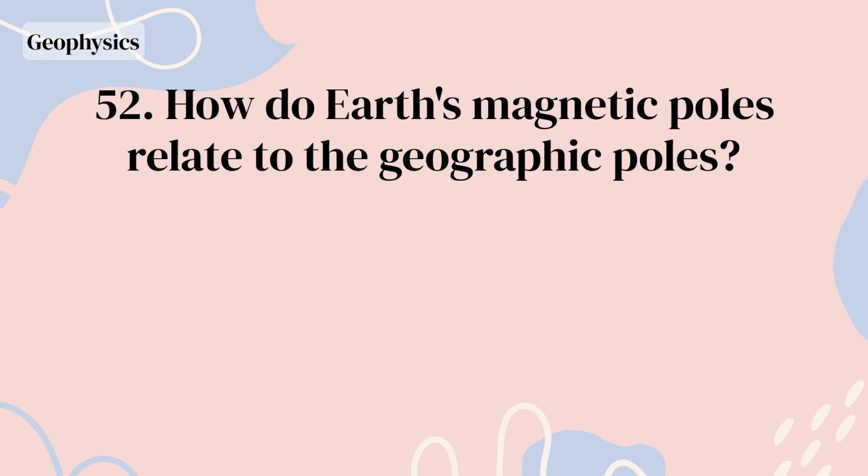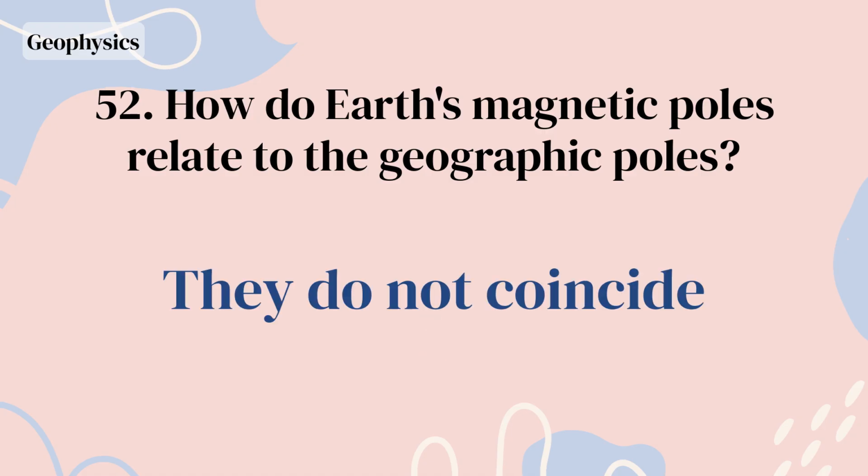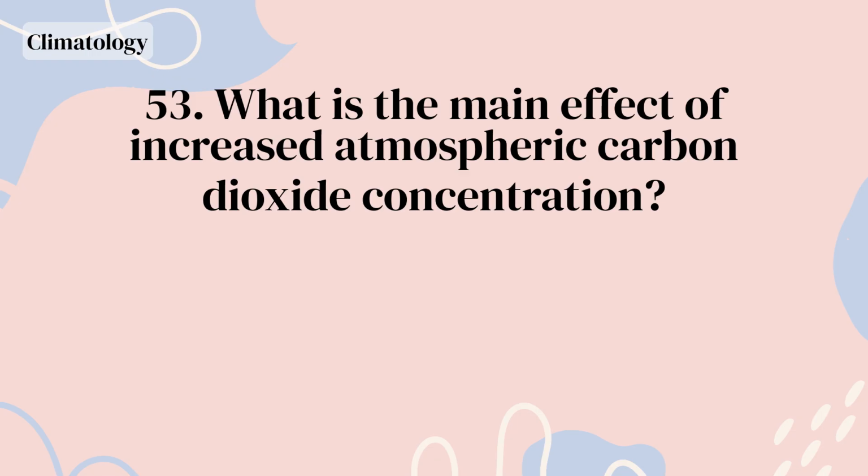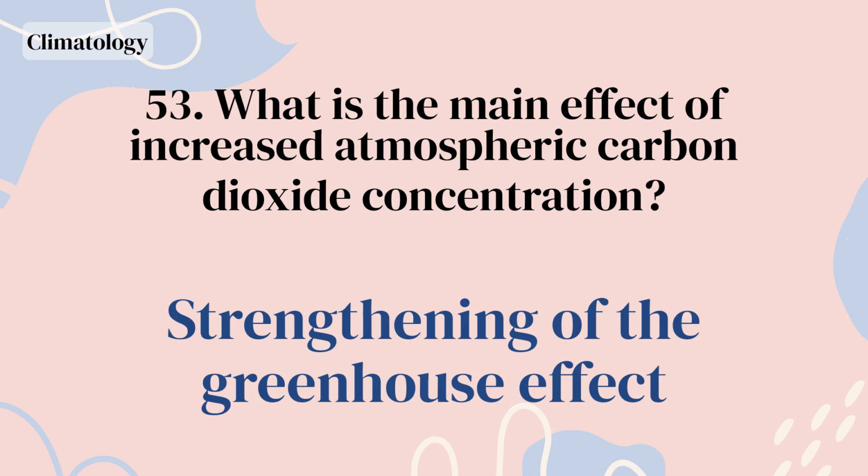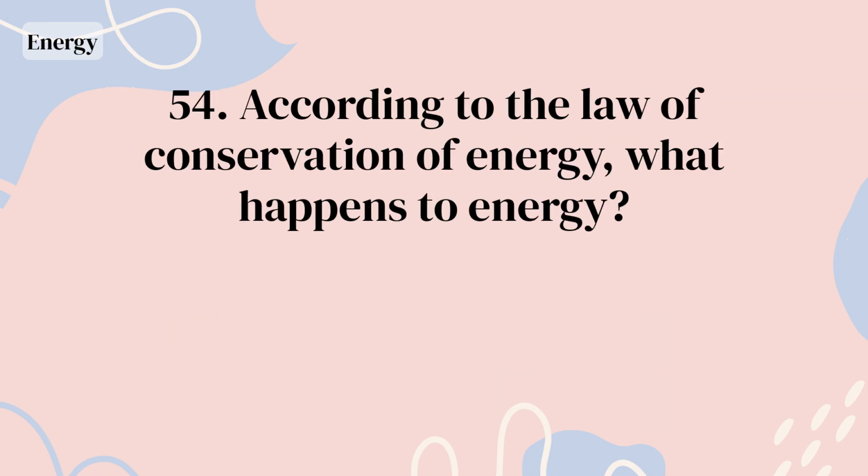How do Earth's magnetic poles relate to the geographic poles? They do not coincide. What is the main effect of increased atmospheric carbon dioxide concentration? Strengthening of the greenhouse effect.